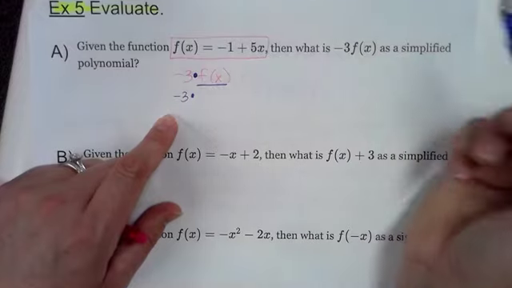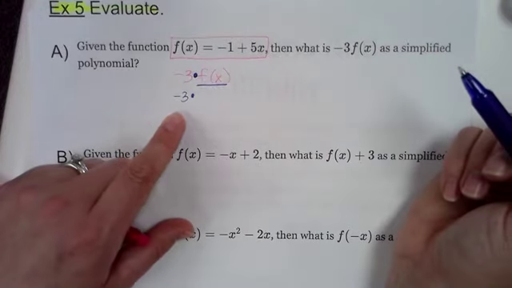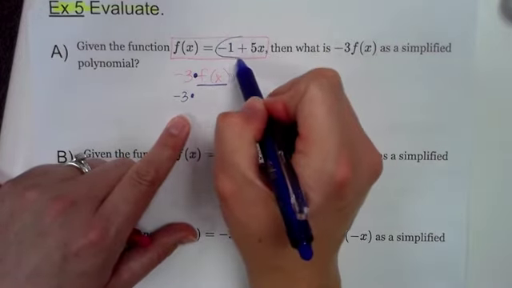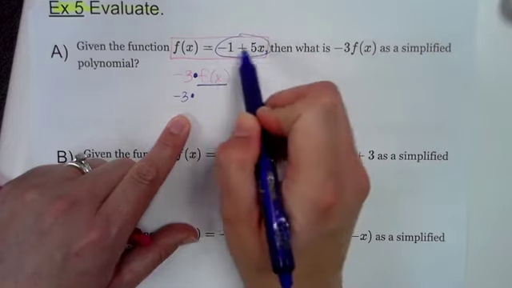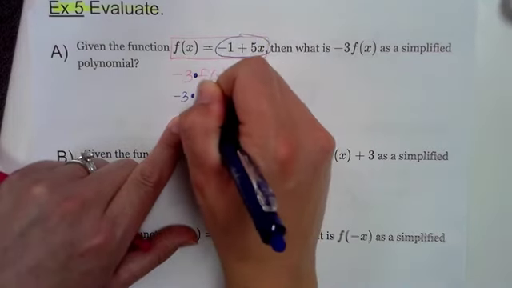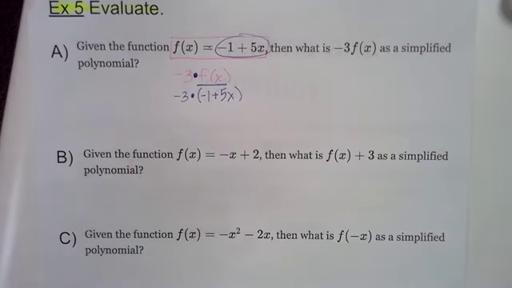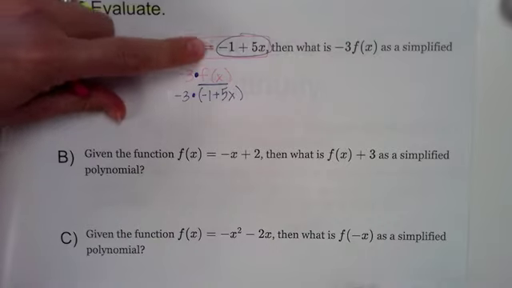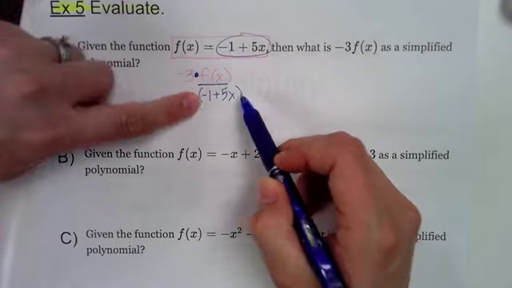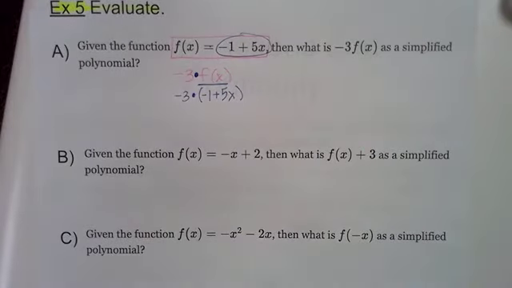Well, what is f of x the same as? It's the same as all of that stuff. Negative 1 plus 5x. I am substituting in place of f of x. We are substituting the entire rule for f of x. Okay?